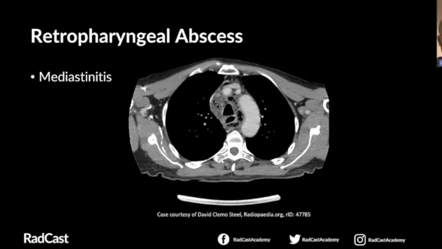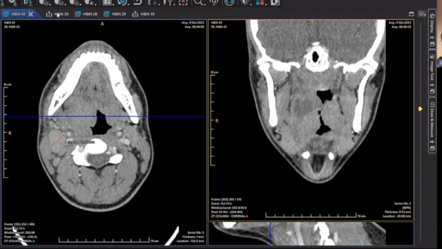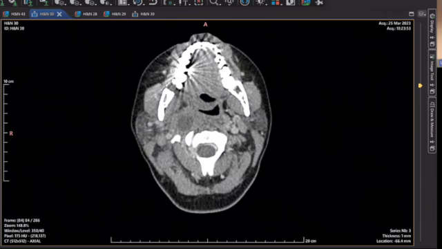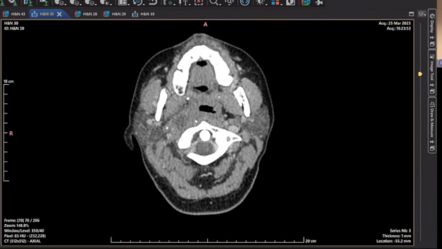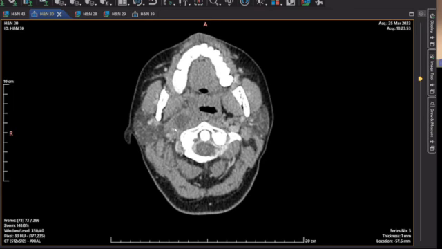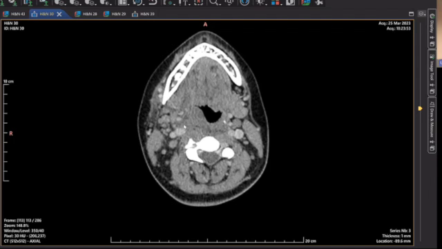So I just have an example, I think it's the same one in the presentation, but you can see that this is a suppurative lymph node, or you'd probably just call it a retropharyngeal abscess.